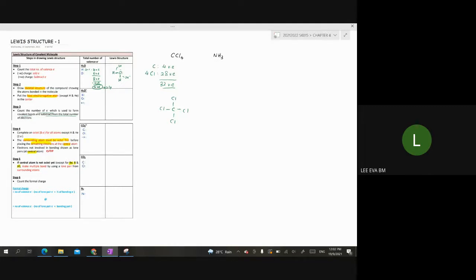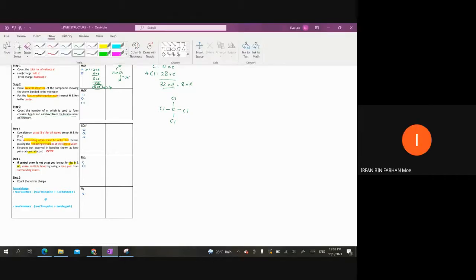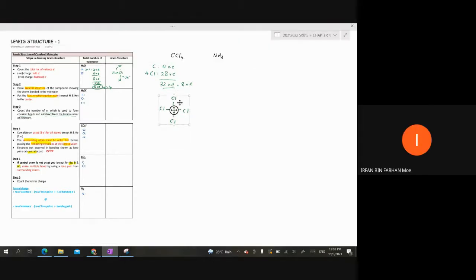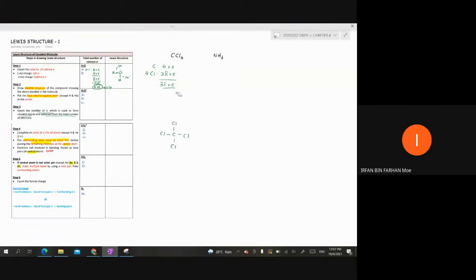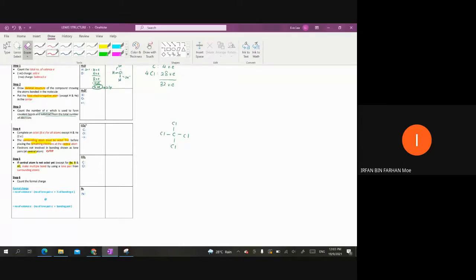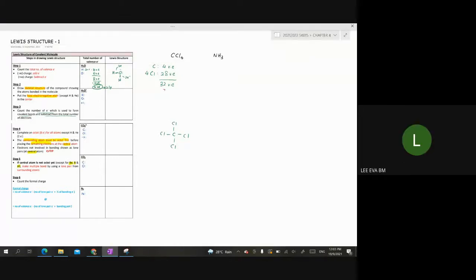So we have got 8 electrons already. So minus 8 valence electron. How many left? 24. Berapa lagi tinggal? 24. Okay, so minus 8 valence electron, we got left another 24. Agree?